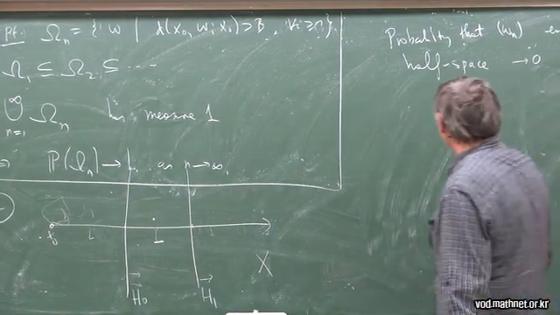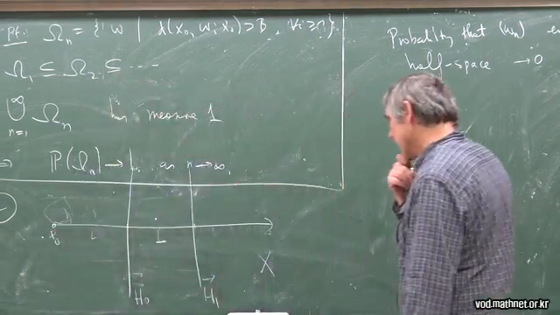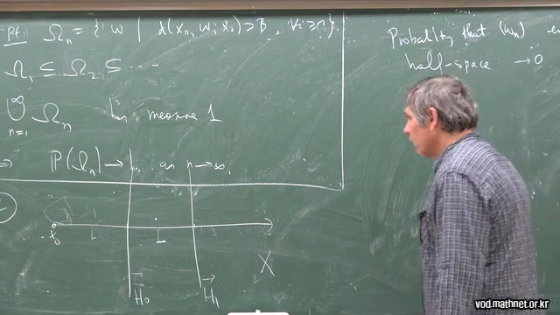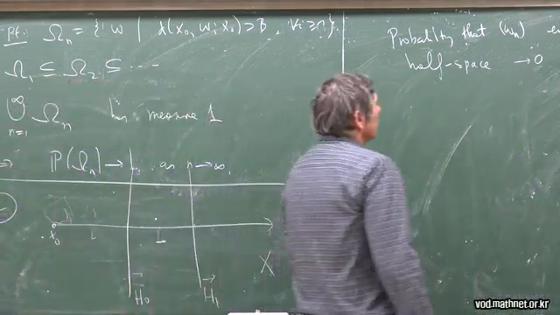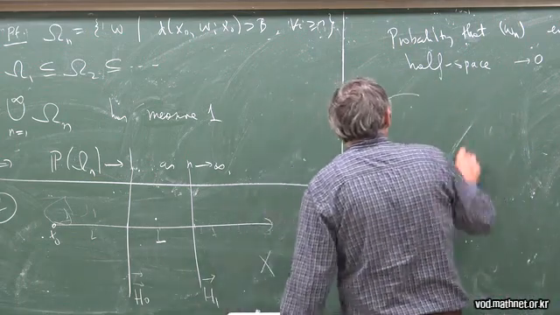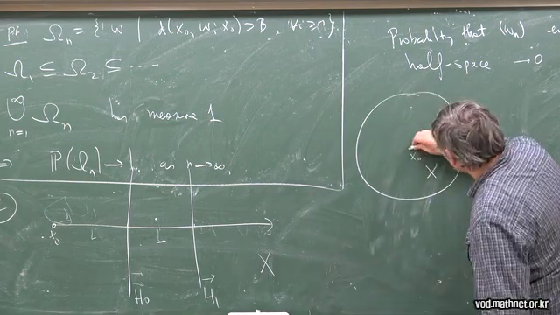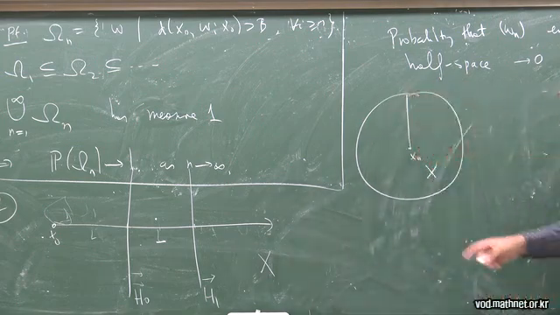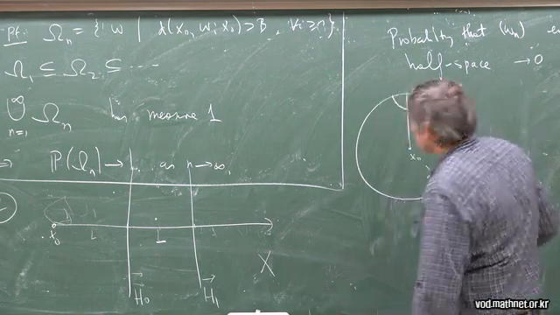Okay, so here's the logic. The main trick is to consider two of these half spaces. From the point of view of X, here's my geodesic ray, and I look at some distant half space.